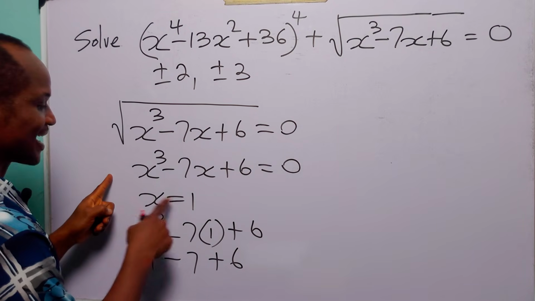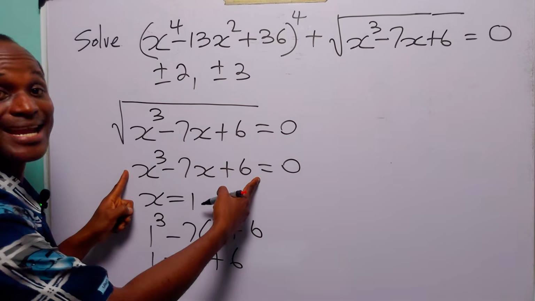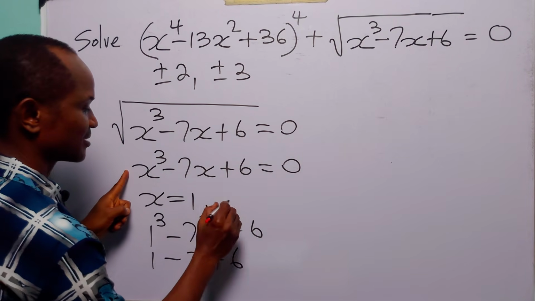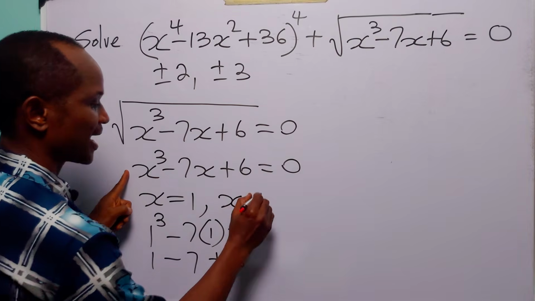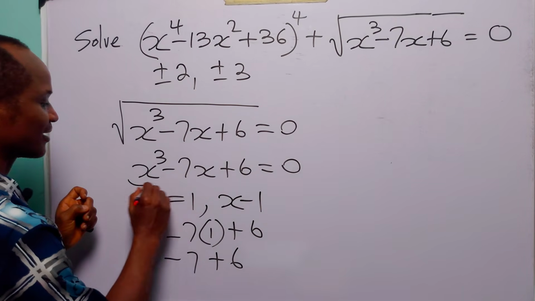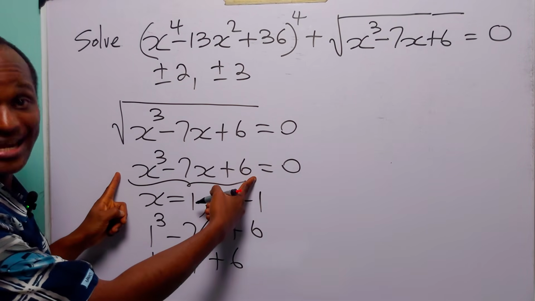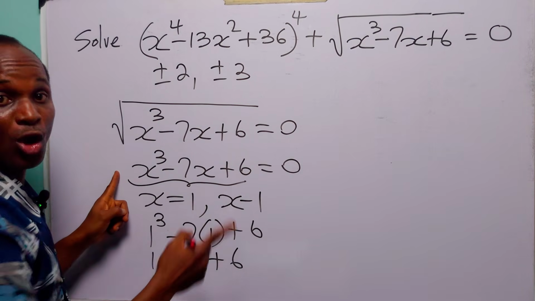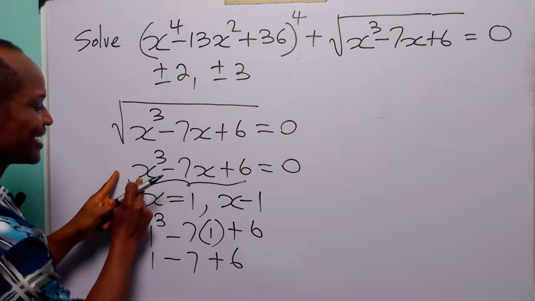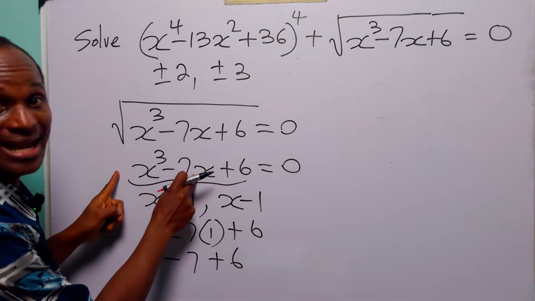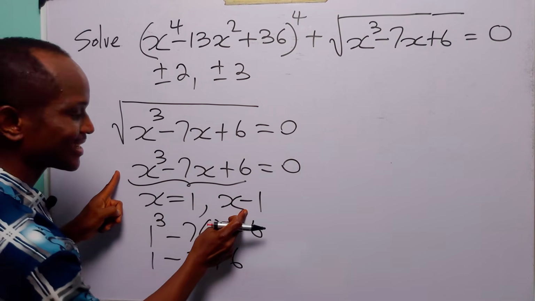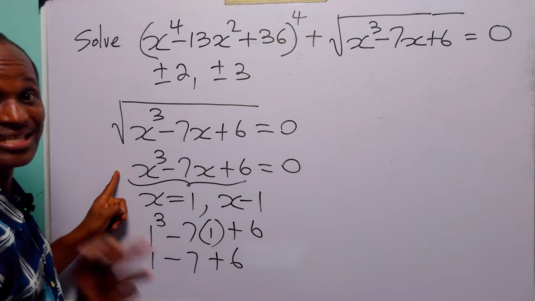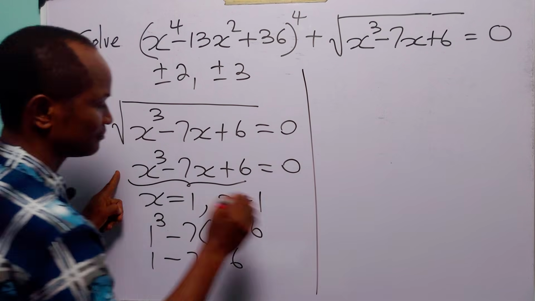That simply means that x equal to 1 is a root of this cubic equation. And from there, we have that x minus 1 is a factor of this cubic expression. So to factorize this cubic expression, all we have to do is to divide x cubed minus 7x plus 6 by x minus 1. And to do this division, we are going to use the synthetic division method.